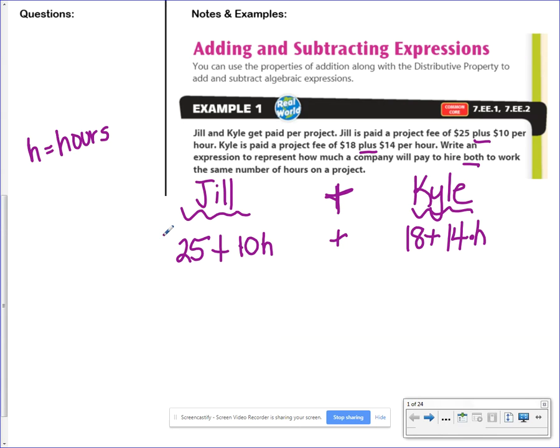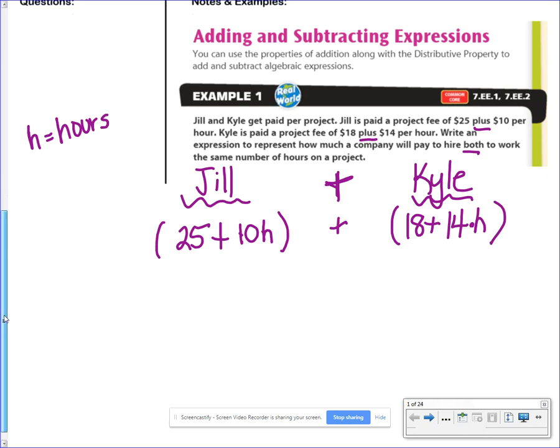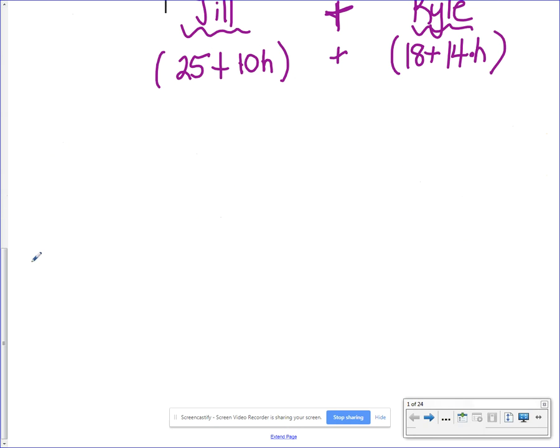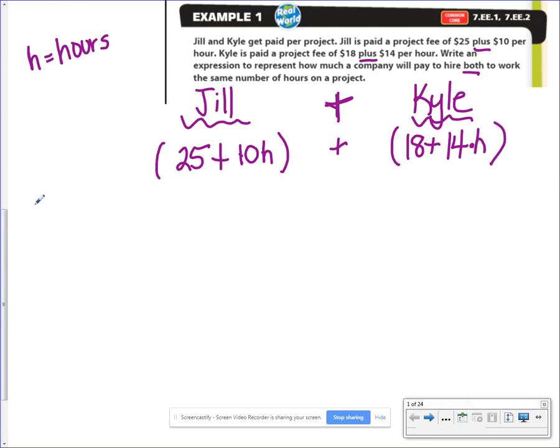blob. Now, some books will put parentheses around here and say, here's Jill's rate, here's Kyle's rate, we're going to add these together. And that's fine. It's kind of actually nice to separate it that way. However, you now have trained your algebra eyeballs to so often look to see, oh, I've got to distribute something.